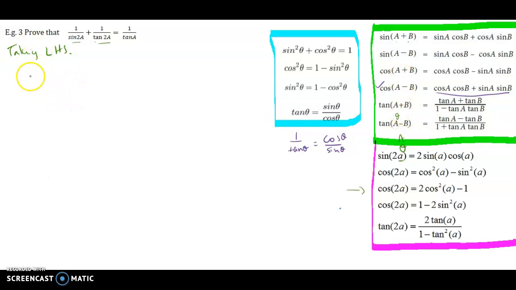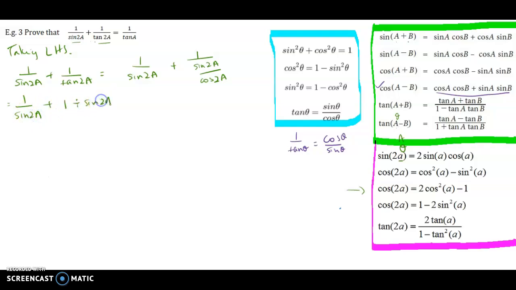So now, if I simplify the left-hand side, I get 1 on sine 2a plus 1 on tan 2a, which will be 1 on sine 2a plus 1 on sine 2a over cos 2a, which is 1 on sine 2a plus 1 multiplied by cos 2a over sine 2a.